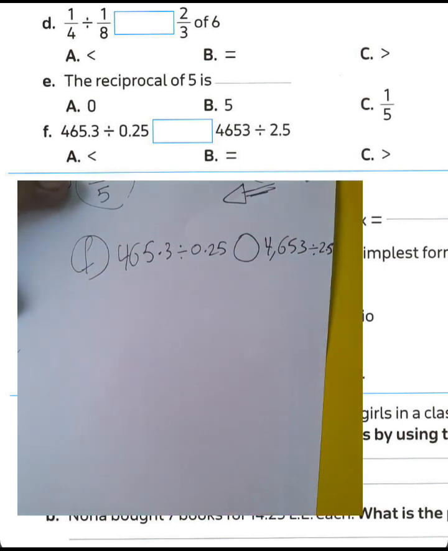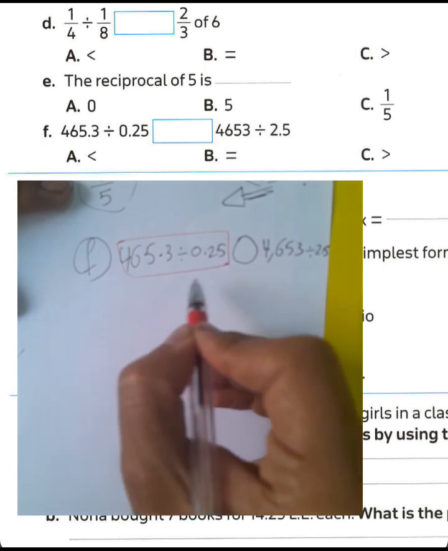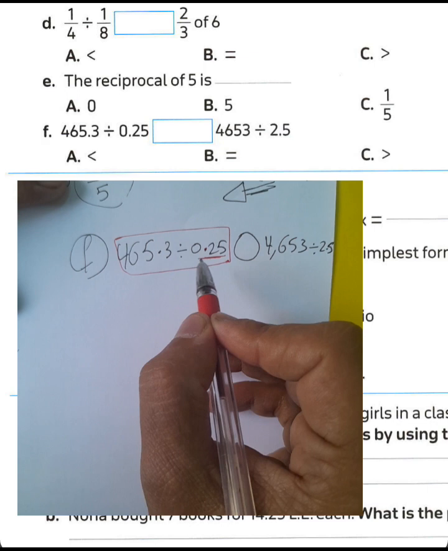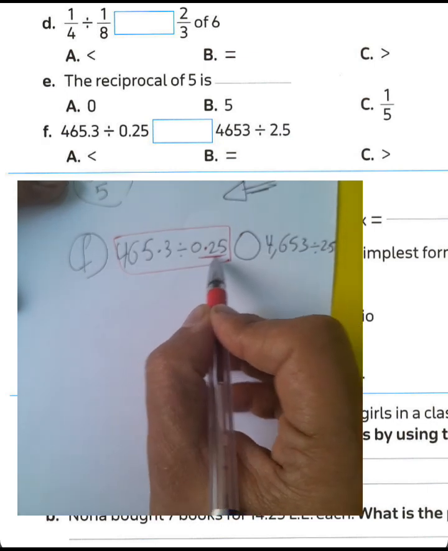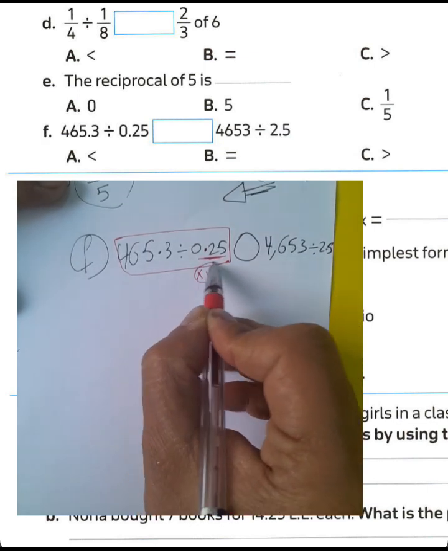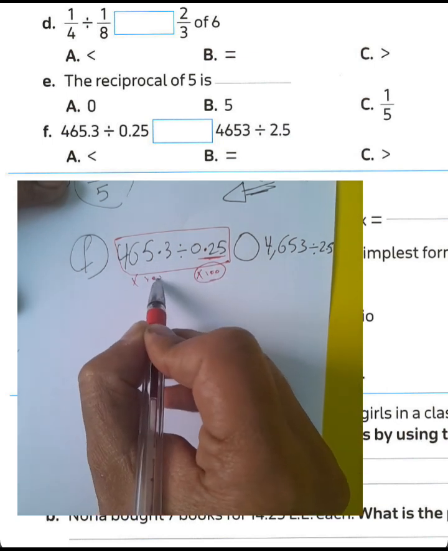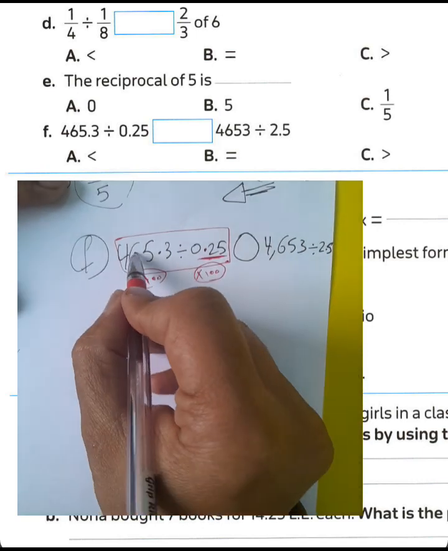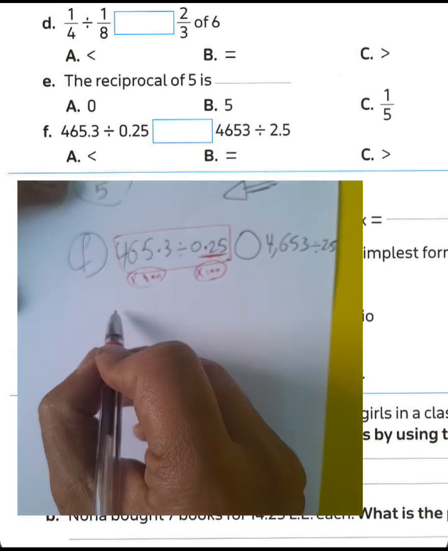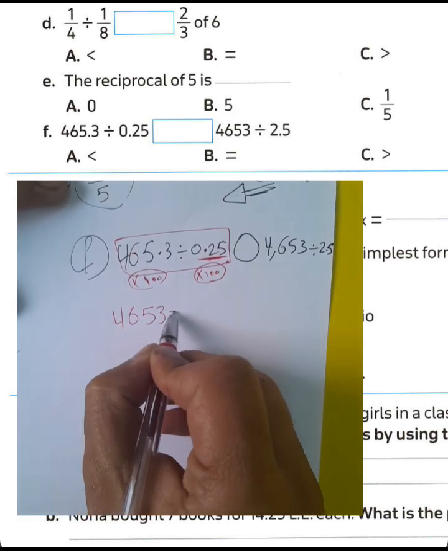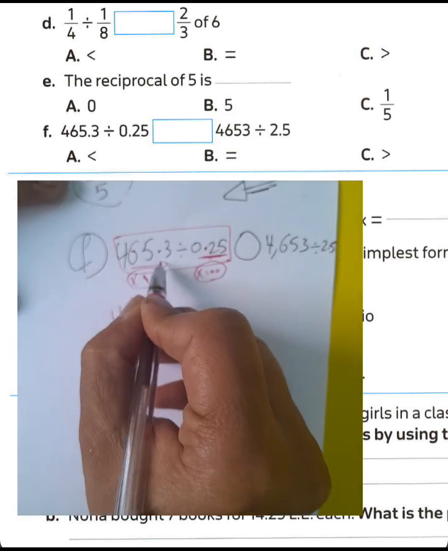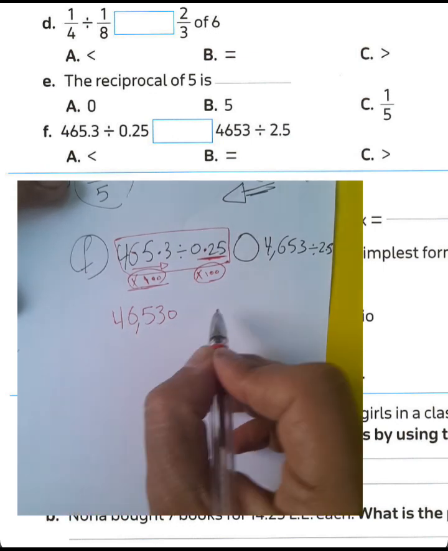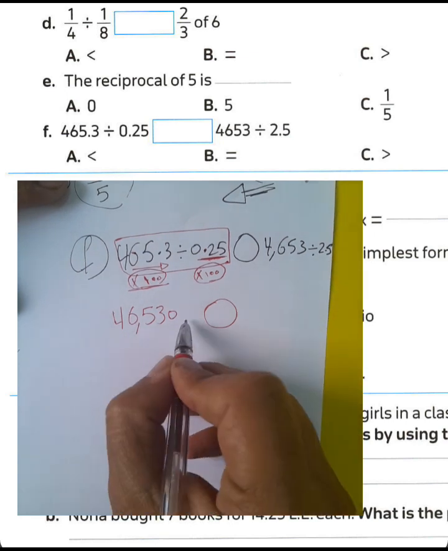First step of this example, to solve this operation, you must cancel the point here from the divisor because the divisor here is a decimal. Then you must cancel the point by multiplying by 100 the numerator and denominator, because the point here is after two places. Then up here we can write 4, 6, 5, 3 and put 0. We moved the point here to the right-hand side by two places. Then the result will be 46,530, and this number here will be 25.